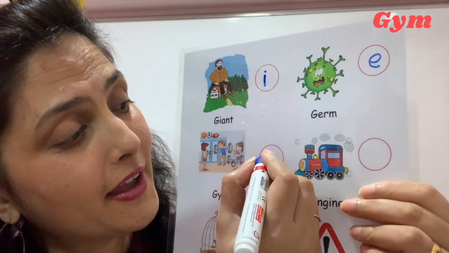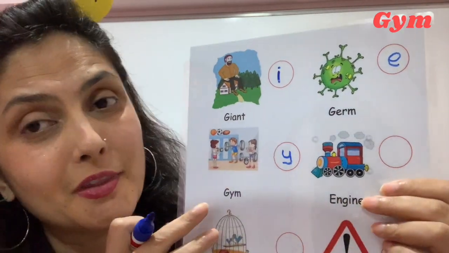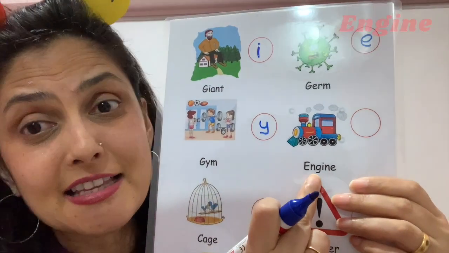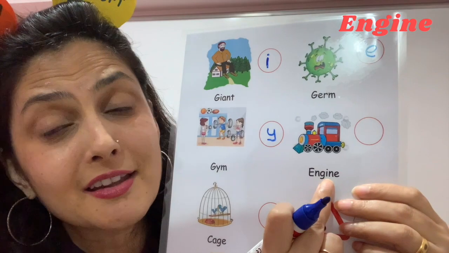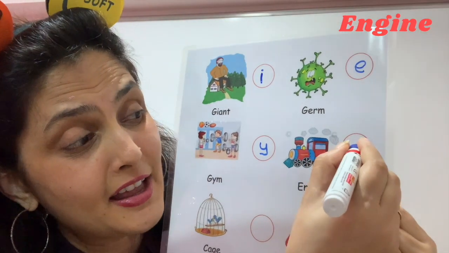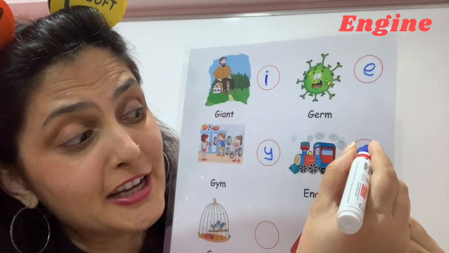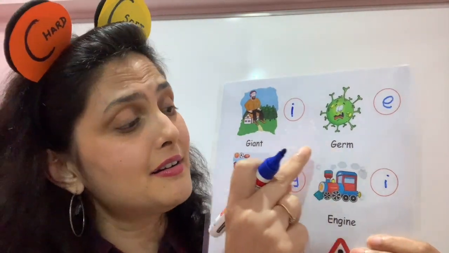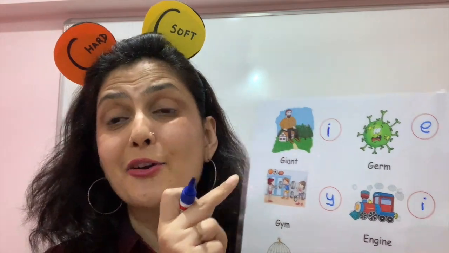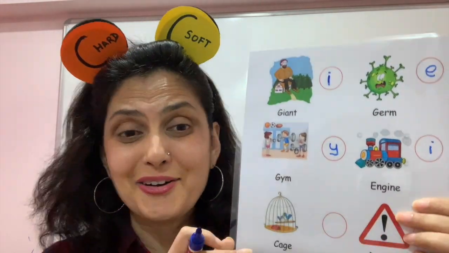A Y. Right? Look at this. Engine. What comes next to the G? An I. Remember, J and gin. Gym. Germ. Giant. They're all making the J sound.